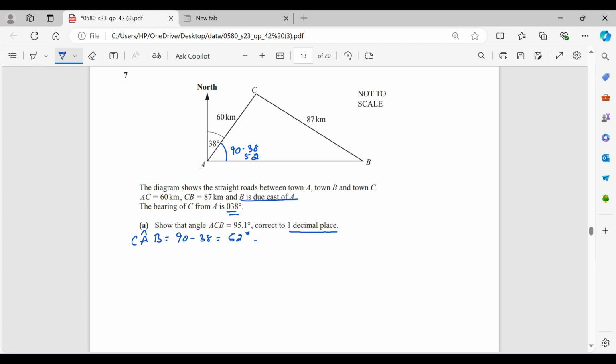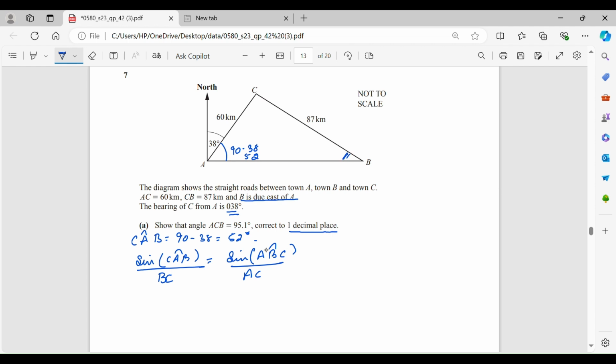For this we will use the sine rule, since one angle is known, so we can find the angle B. From the sine rule, sine of angle CAB over the opposite side, which is BC, will be equal to sine of angle ABC over AC, right?